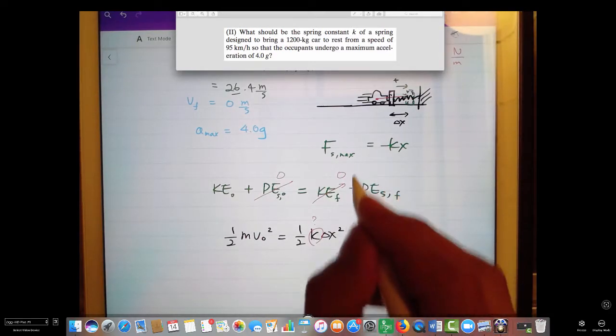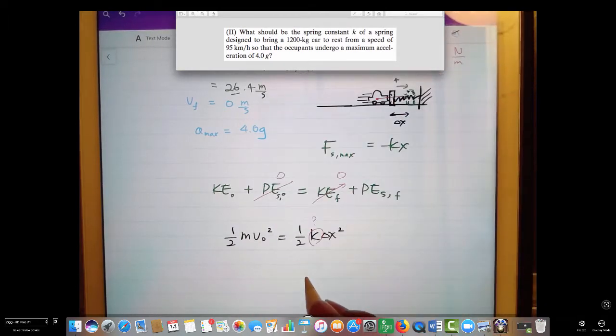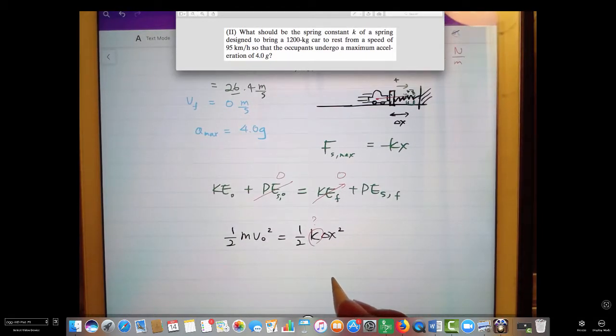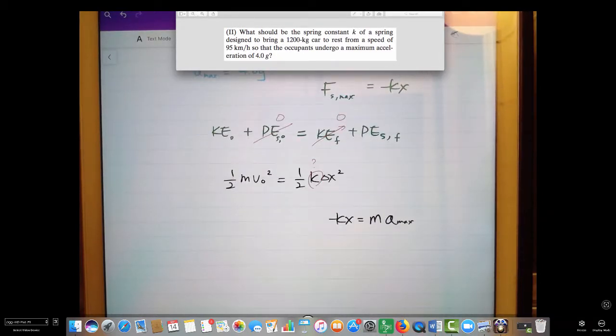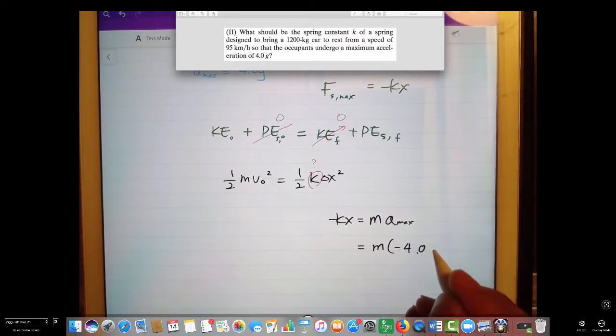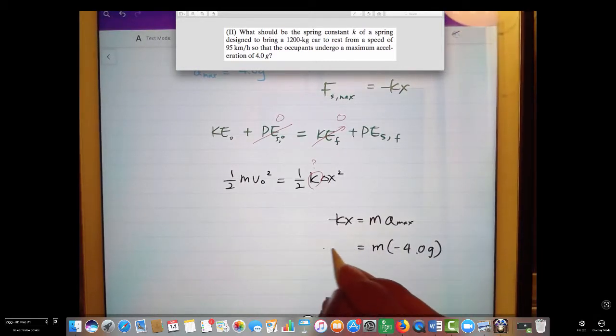and let's elaborate on that. At the maximum compression of the spring, you're going to have negative kx, and the force that it undergoes is mass times the maximum acceleration. Now it's going in the opposite direction, so we also have to plug in negative 4.0 g, and we have a negative kx.